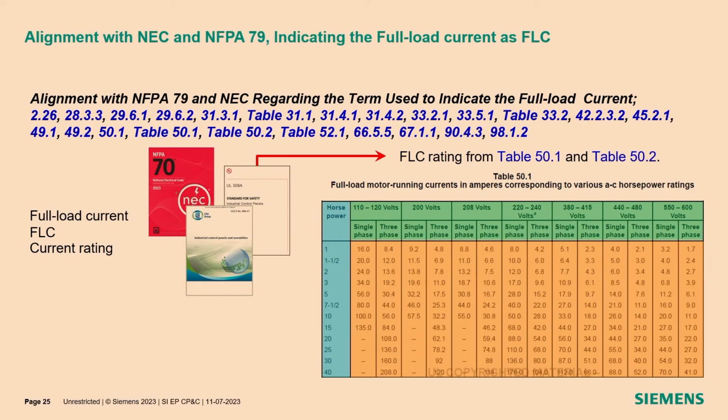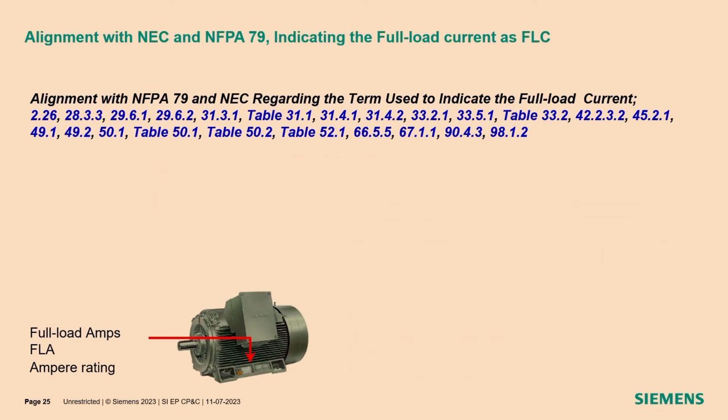On the other side, we have FLAs, and this is also called nameplate current because you find it on the nameplate. You have standard current, which you find in the standard, and you have the nameplate current, which you find directly on the nameplate of the motor. And this is what UL now calls FLA, full load amps or ampere rating.